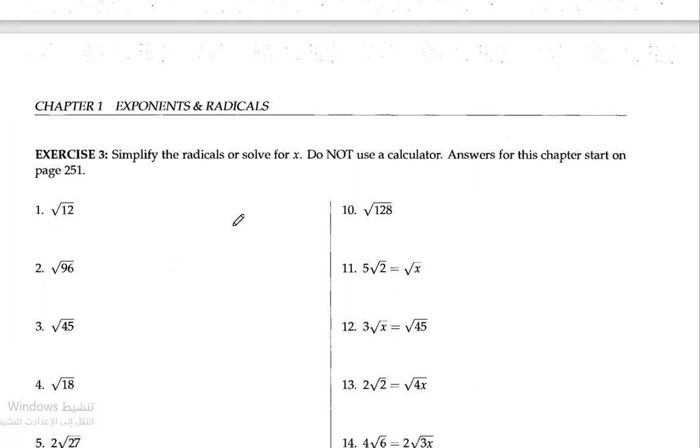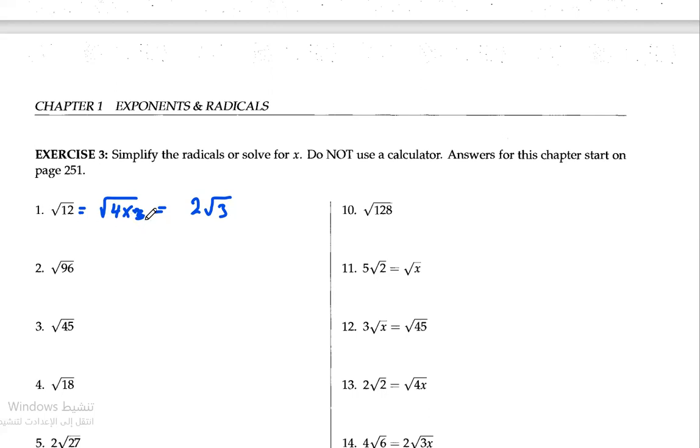Okay, simplify the radicals or solve for x. How do I simplify here? If I have the square root of 12, I can write it in another way. Square root of 12, you can write it as 4 times 3. Then the square root of 4 goes out, so it becomes 2 square root of 3.